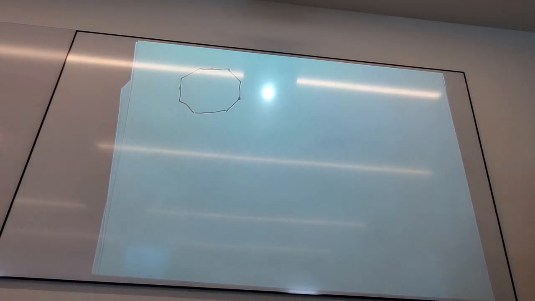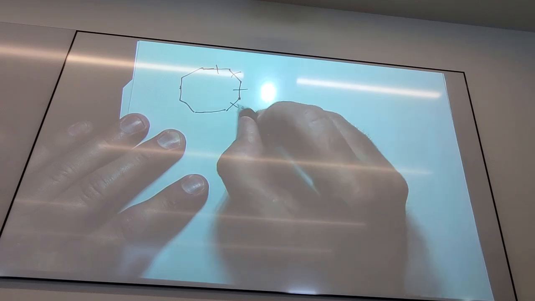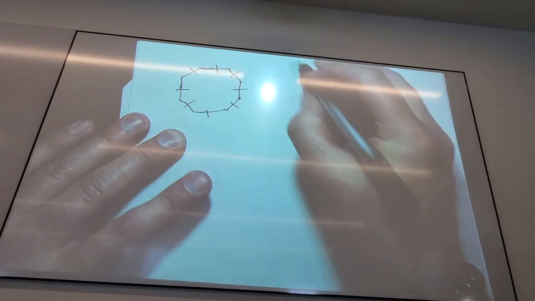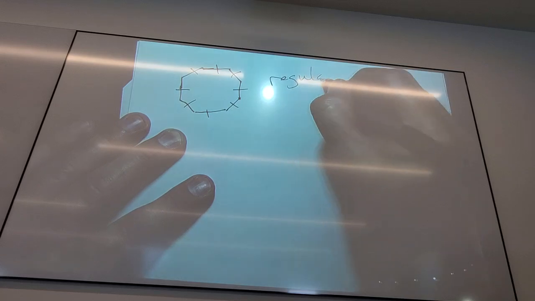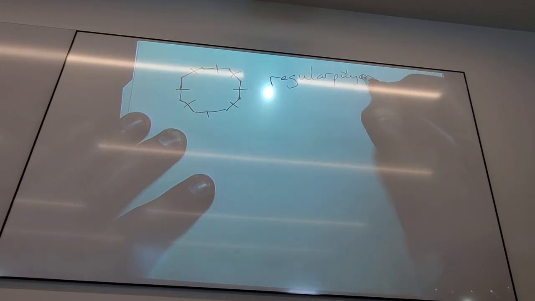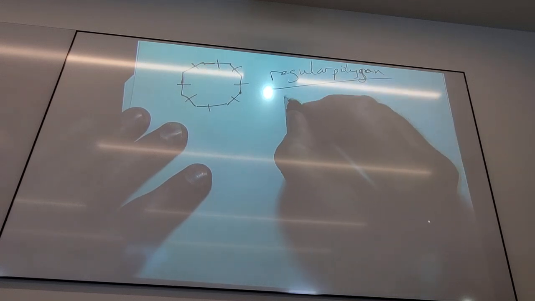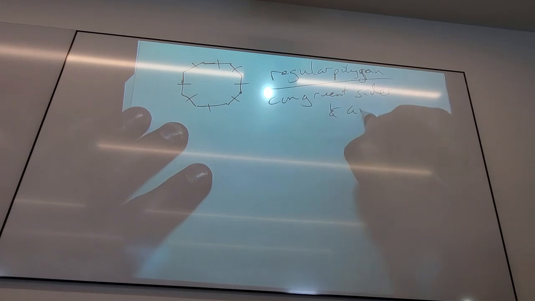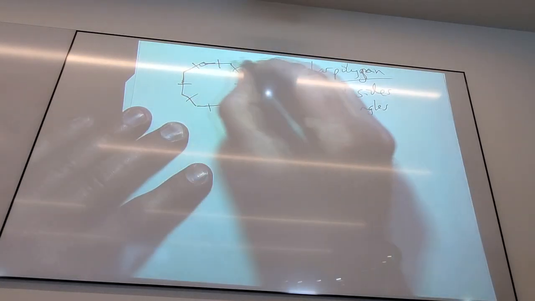So this is my attempt at drawing a regular polygon. So 1, 2, 3, 4, 5, 6, 7, 8. Pretend like this is shorter, okay? So a regular polygon has congruent sides and congruent angles. So all the angles would be the same.